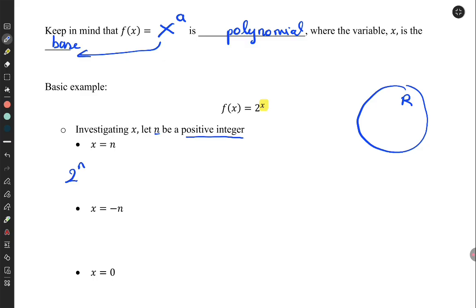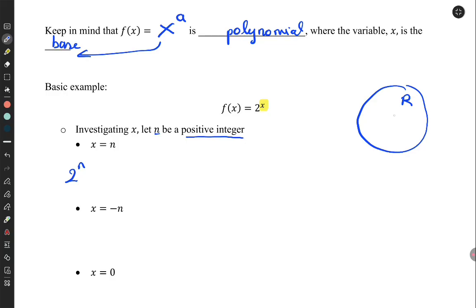Real number means it includes every number. There's something even bigger than that, but for now, the integers are somewhere inside the real numbers. Integers are smaller, more condensed than real numbers.